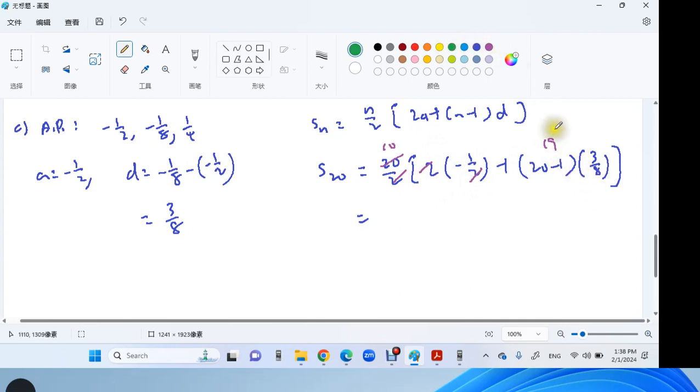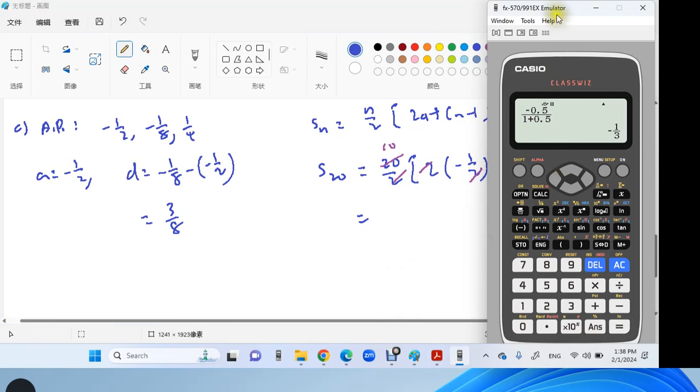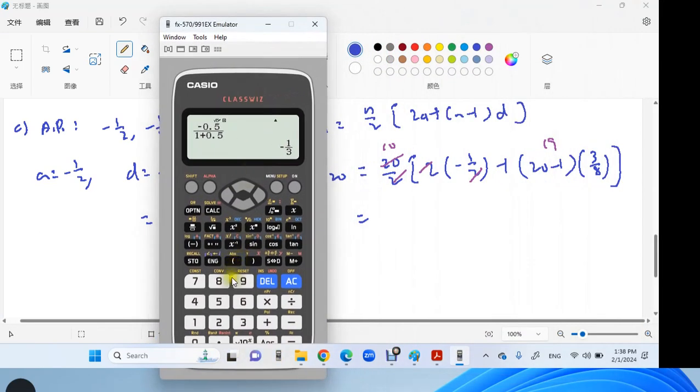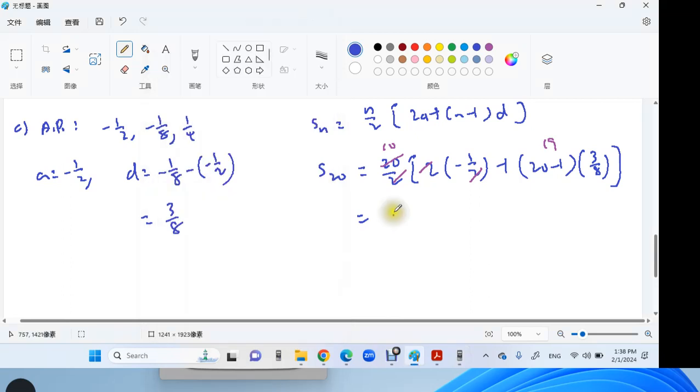Then this one, we will have 10 times (negative 1 plus 19 times 3 over 8), 61.25. Okay.